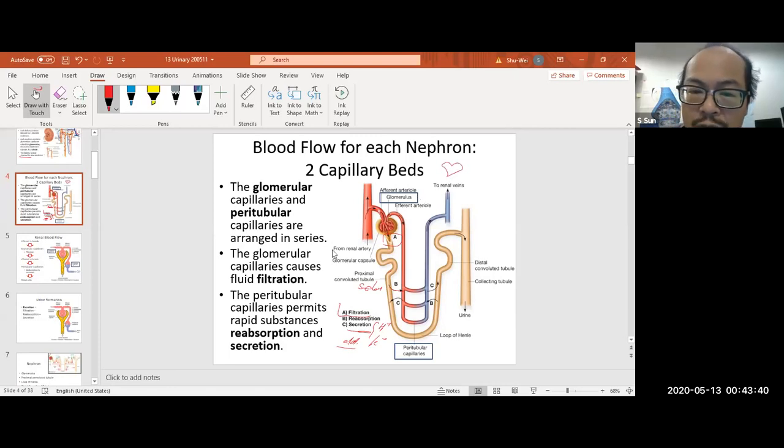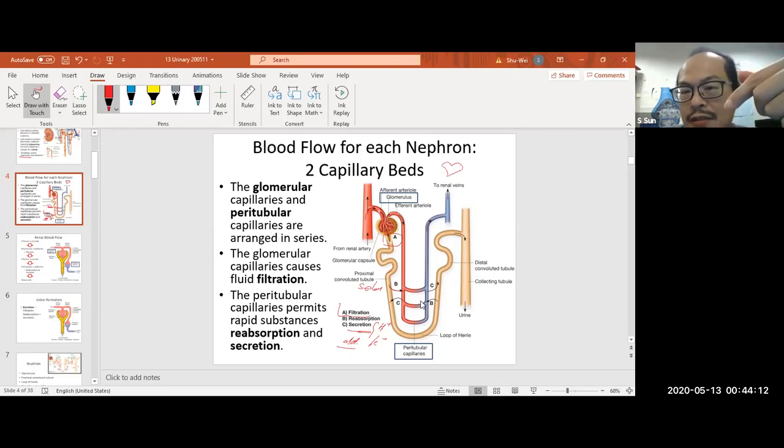So basically, over these 2 days, we will learn all these things. We will learn filtration, reabsorption, and secretion. That's it, only these 3 things. But before we look into these 3 processes, we need to know their structure. And the structure has 2 portions.